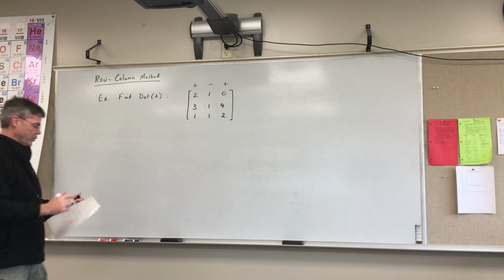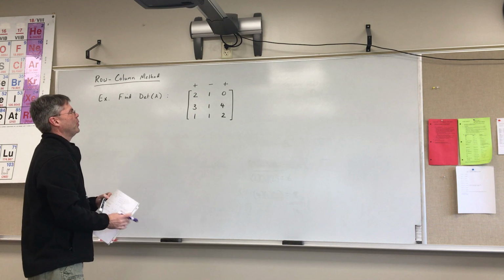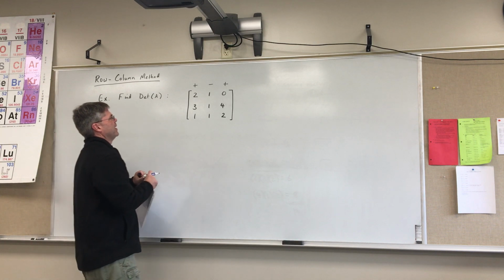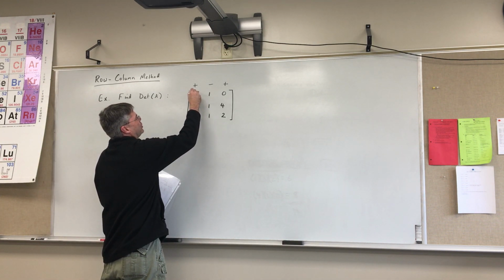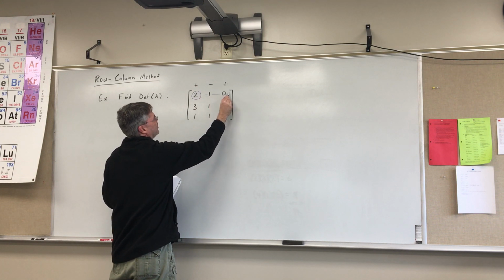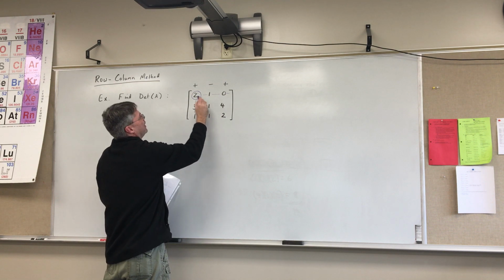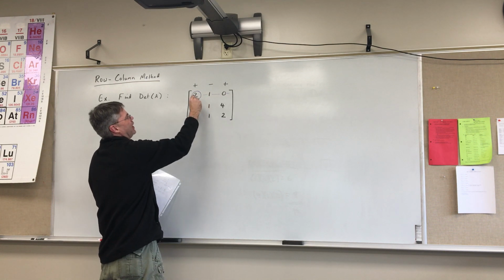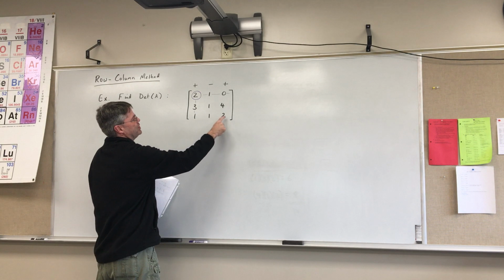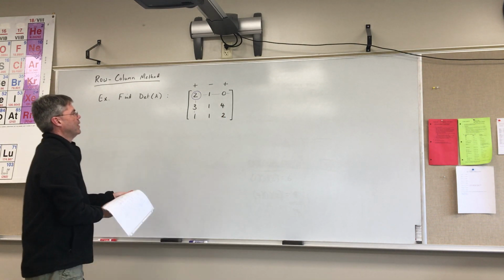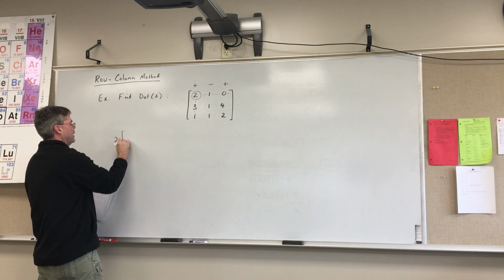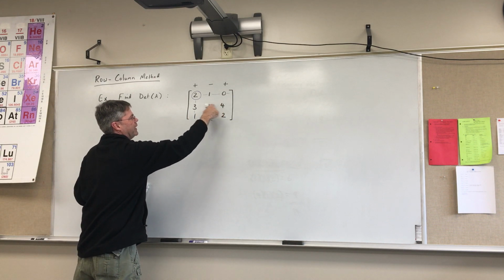So what you're going to do, and I'm going to do this in purple, is for our first column, I want you to circle that number, and then you're going to mark out, let me do this really lightly so I can erase it, the first row and the first column that number is in. So what you do is, see what's left here is a 2 by 2 matrix.